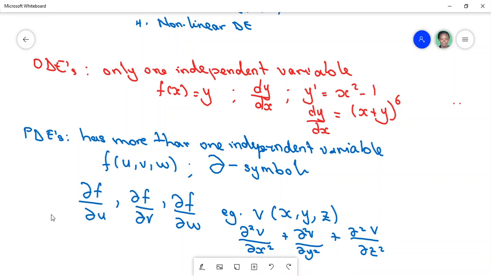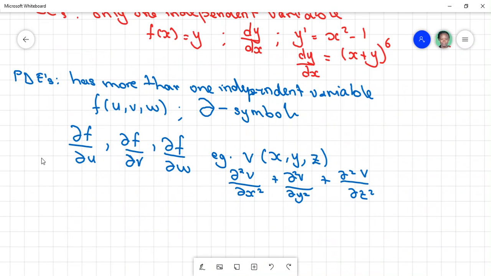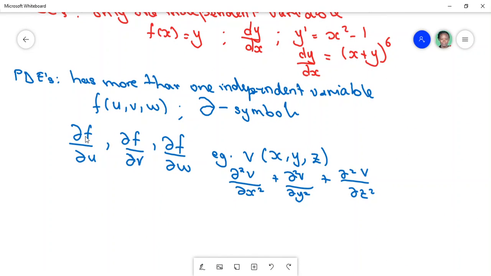So you realize that this type of differential equation, the symbol or the representation is a partial form, and it has more than one independent variable.